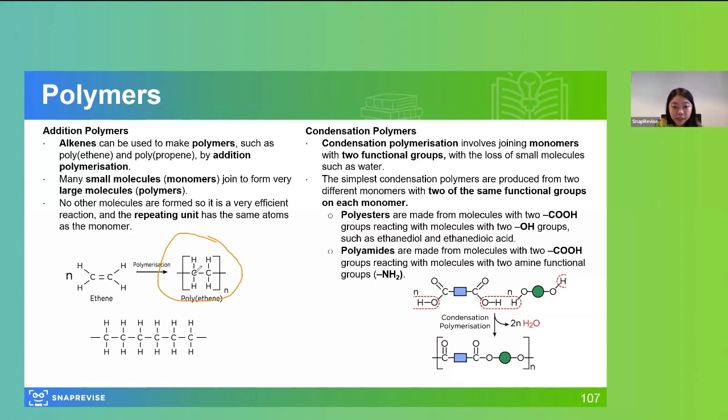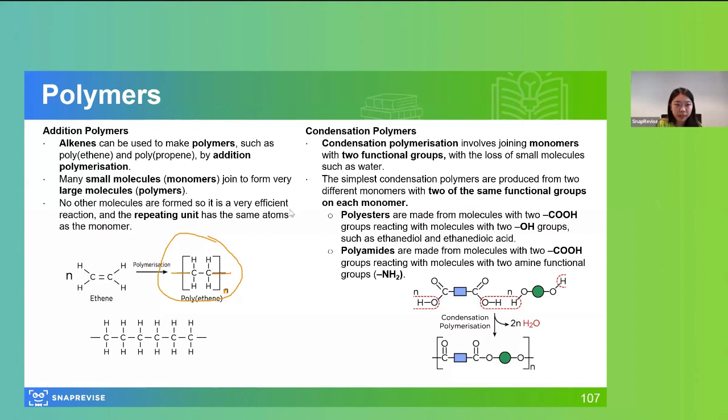The branches have to be sticking out of the brackets. And you have to write the n on the bottom corner. If you don't draw the big brackets, you don't have the branches sticking out of the brackets, and you don't write the n on the bottom when you are writing a polymer, you're going to lose marks. So be super, super careful when you're drawing polymers.